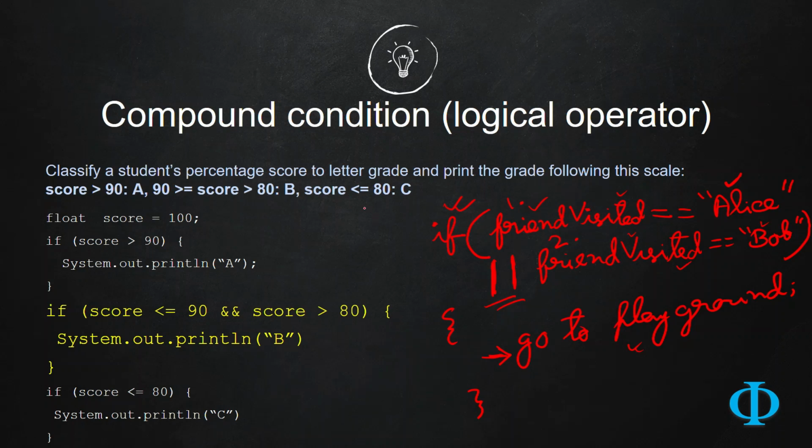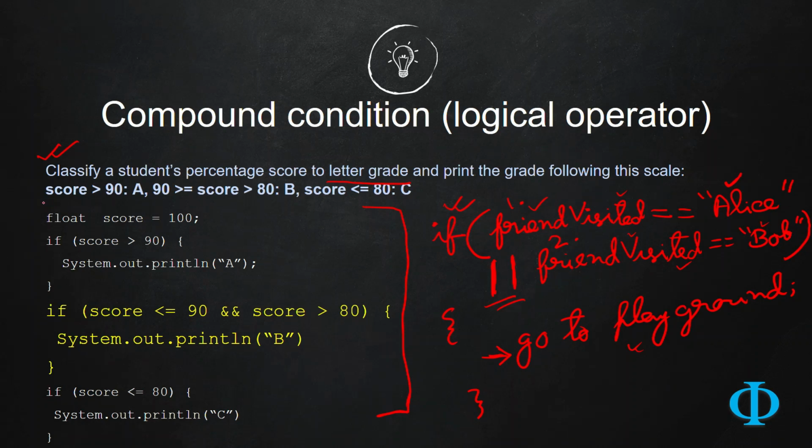Now let us see it in the programming context. Here on the left hand side of the slide, you can see a programming example. The problem definition is, I have to classify the student's percentage grade into a letter grade, and I have to print the letter grade following this scale.